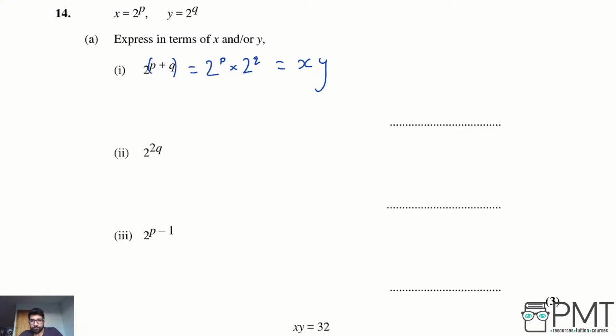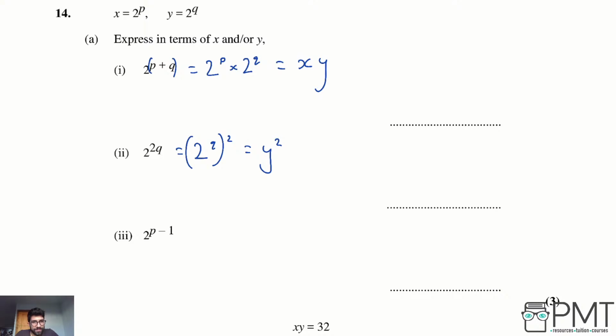The second part, we have got 2 to the power of 2q. Well, remember, we want to have 2 to the power of q on its own. And I can write it like this, because remember, the power to a power rule says you multiply the powers together. If you multiply the powers together, you realize it's going to be 2 to the 2q, so this is going to be y squared.